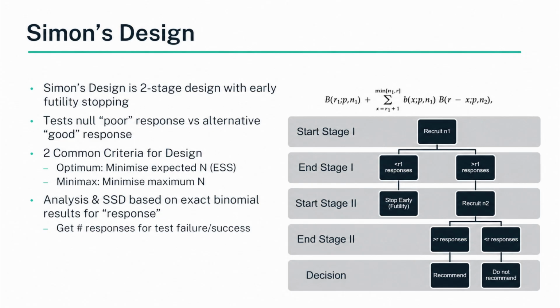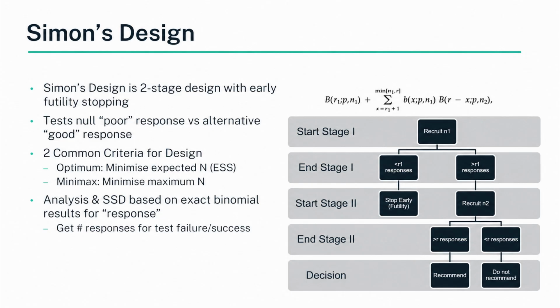So this results in a set of 4 different parameters, combinations of which must be searched over in order to find the design which satisfies the specific design criteria desired. So in Simon's paper, and indeed also in nQuery, there are 2 main choices available for this design criteria.